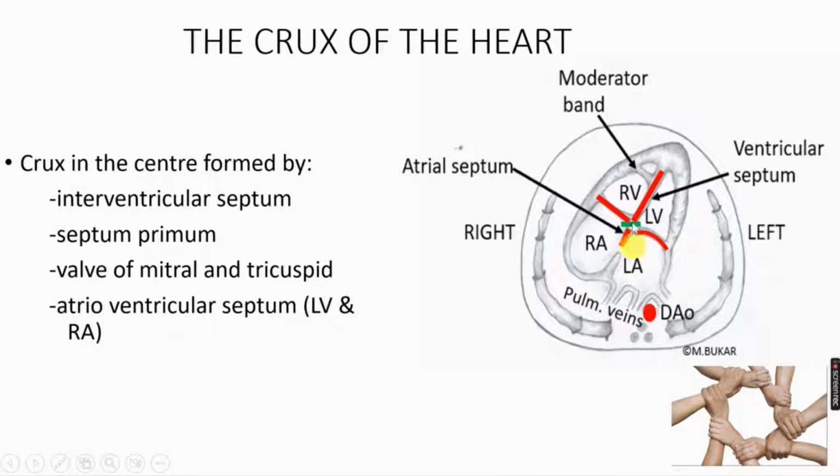So this area in yellow is the crux of the heart.